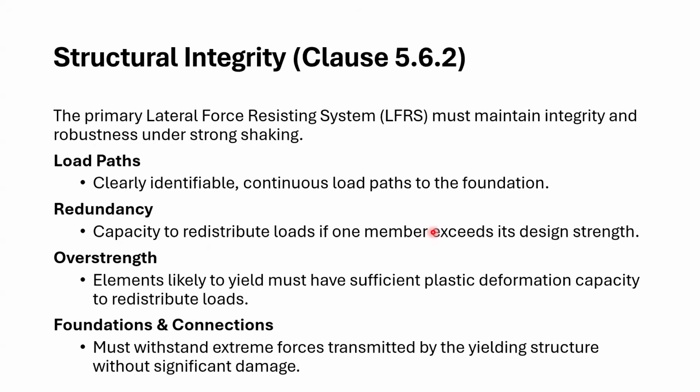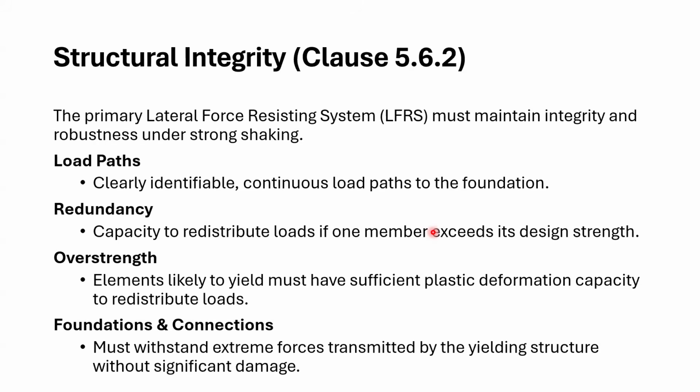And structural integrity, that means the primary LFRS must maintain integrity and robustness under strong shaking. That means the load path is clearly identifiable. Continuous load paths to the foundation should be established. Redundancy, that is, in case members fail, there should be redistribution of loads to other members.